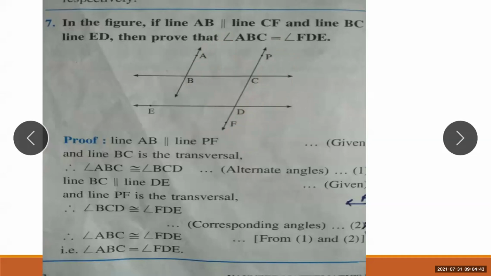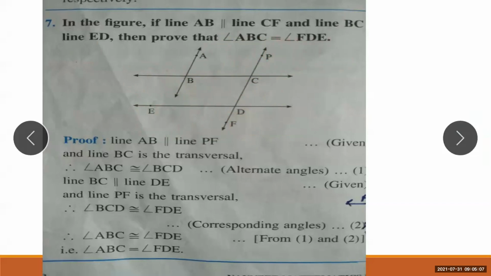And second is line BC. It is also parallel to line ED. So this BC line is parallel to line ED. Then we have to prove angle ABC equal to angle FDE.